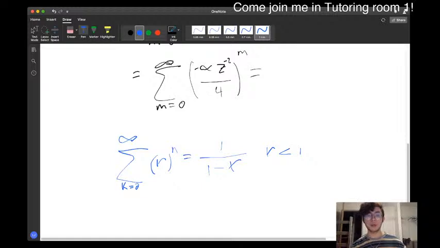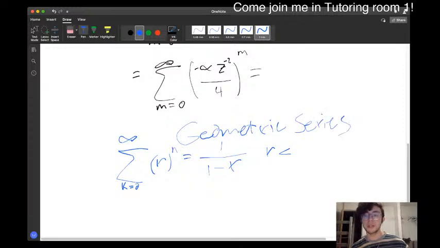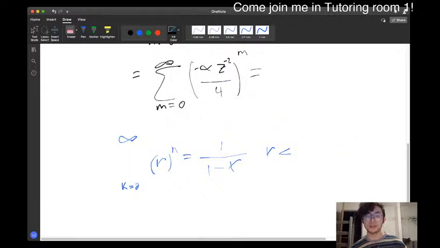But if it's less than 1, then multiplying it by successive values, this r will decay, and we'll get a convergent series. So this is the geometric series. That's something that we should have covered, but that's why we talk about the region of convergence.